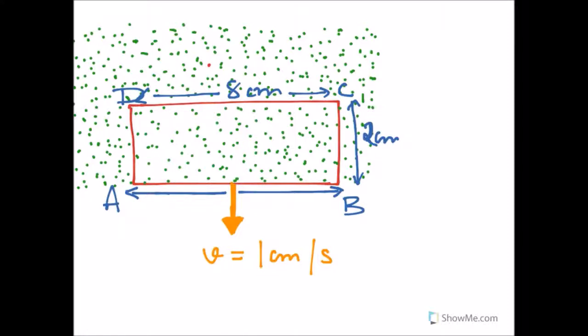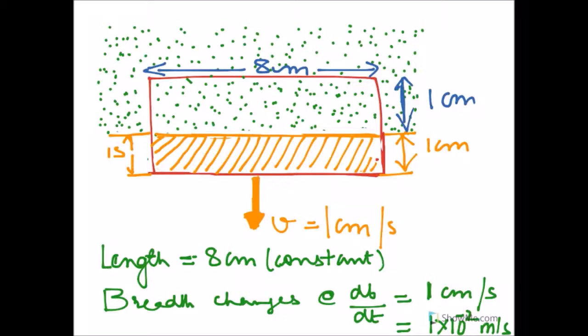EMF starts getting induced as soon as the arm AB of the loop starts leaving the magnetic field, and it lasts till the arm CD of the loop leaves the magnetic field. And again, when the whole loop is outside the magnetic field, there won't be any EMF as there won't be any change in the flux linked with the coil.